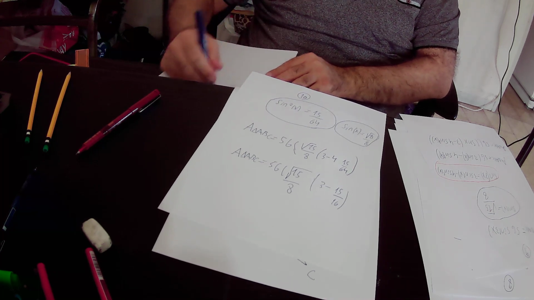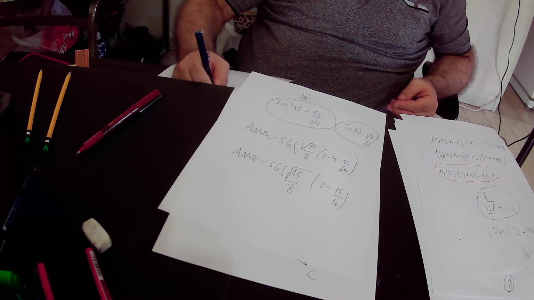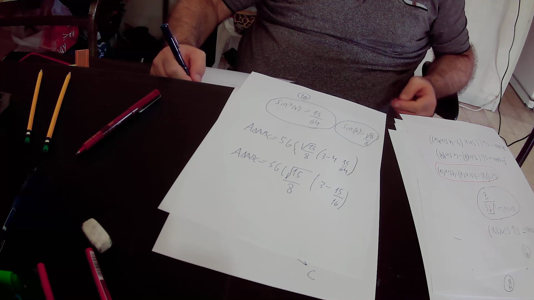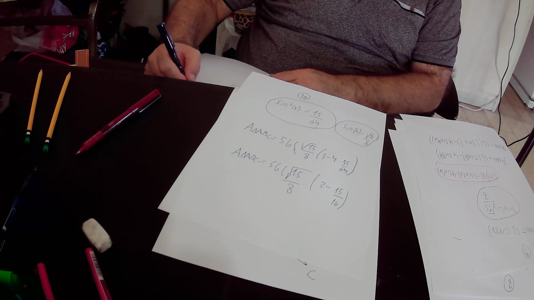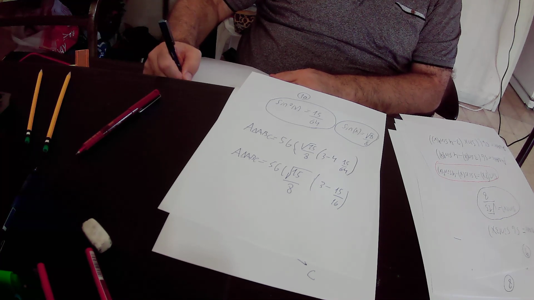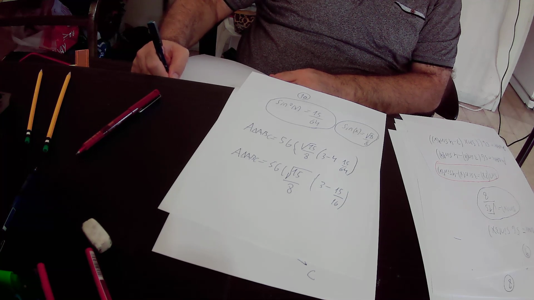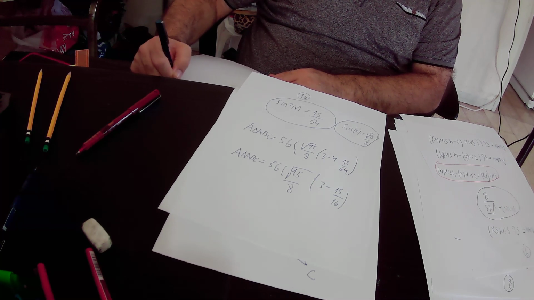So we will get that the area of triangle ABC equals, 56 over 8 is 7, so it is actually root 15 times 7, times 48 minus 15 over 16.